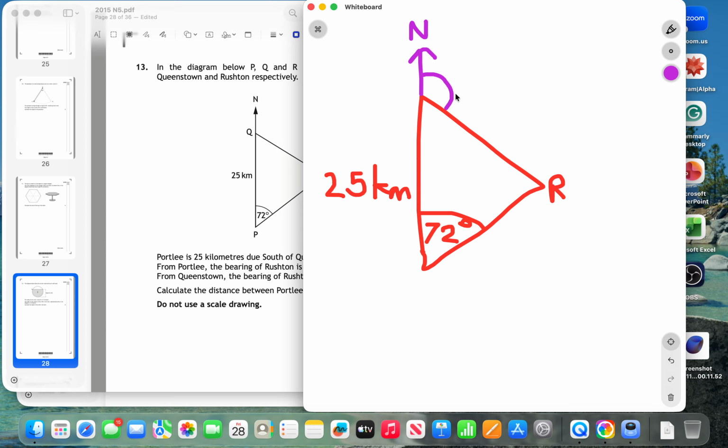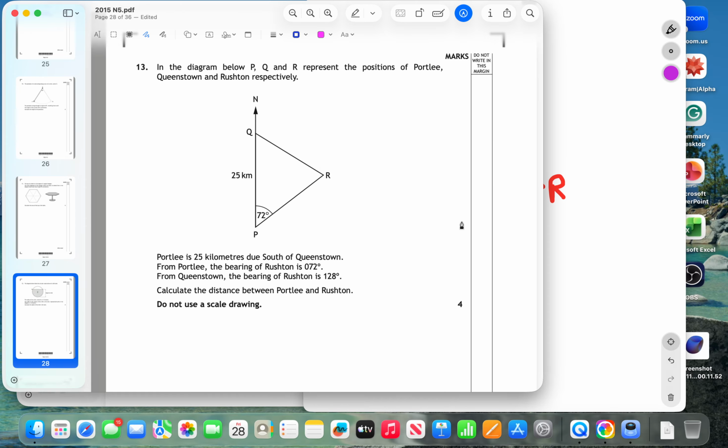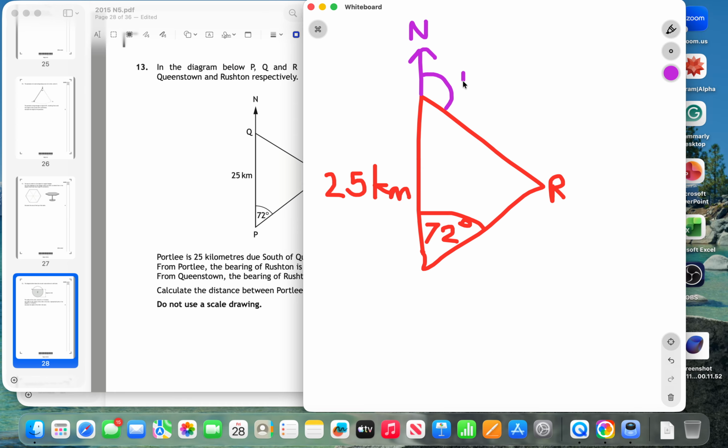And what that means is this angle is 128. I'm indicating this in purple because it's not part of the triangle. It's just the information that we need to find other angles.